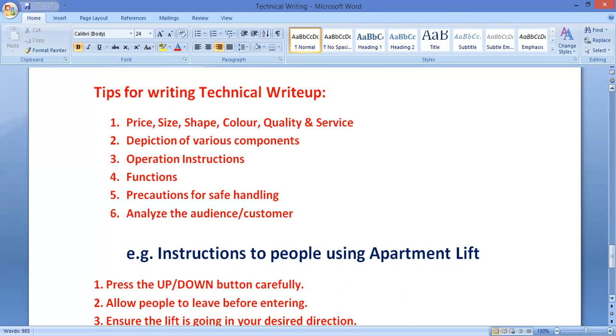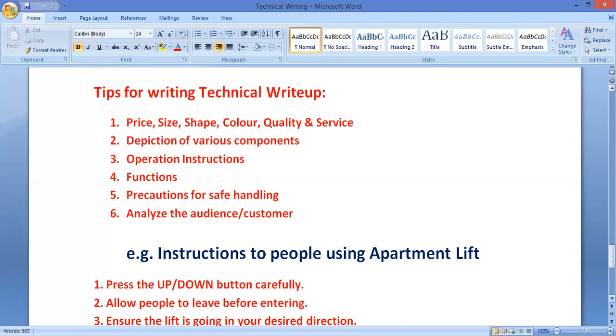Hope you have understood. So by using all these tips, or we can say rules, you have to write some technical write-up. For example, you can write the technical write-up of a computer, or some technical description of a calculator. See, right now you are using the calculator. So write the technical description of that calculator.